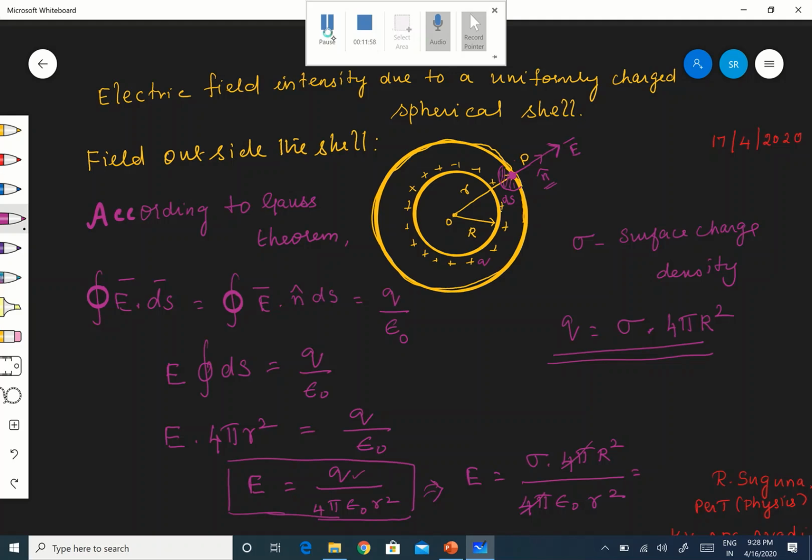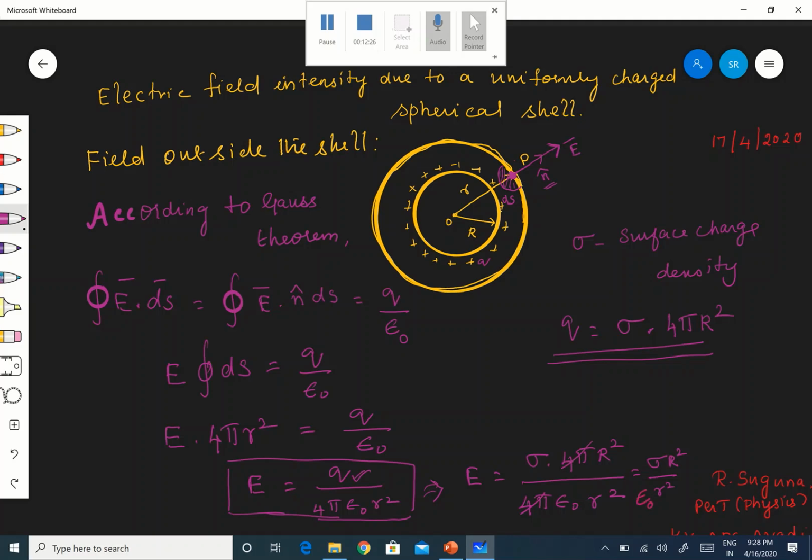Therefore, you get sigma capital R squared divided by epsilon naught small r squared. So you have one expression in terms of total charge and one in terms of the surface charge density of the spherical shell. Is it clear?